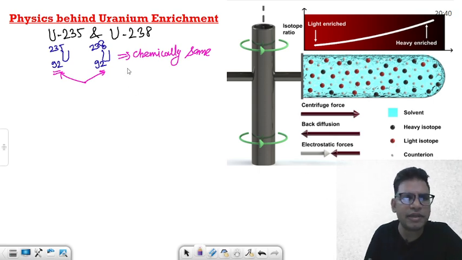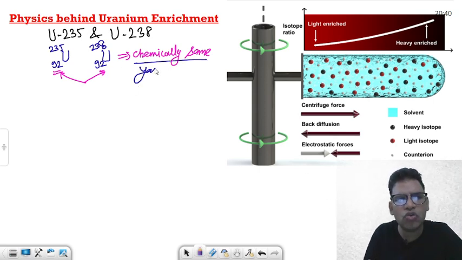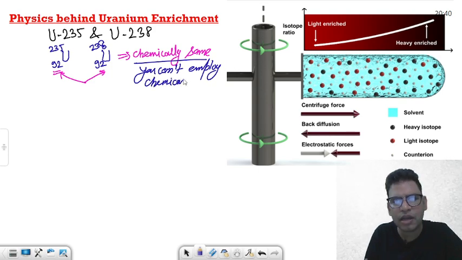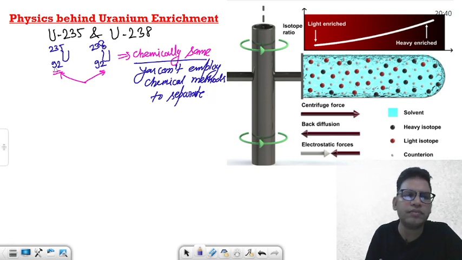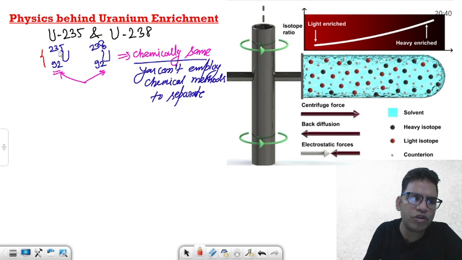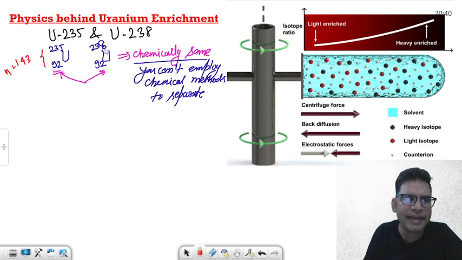So if they are chemically the same, you can't employ chemical methods to separate them. If you were to talk about the number of neutrons, it is given by the difference A minus Z. For uranium-235 it is exactly 143, and for uranium-238 it is 146.